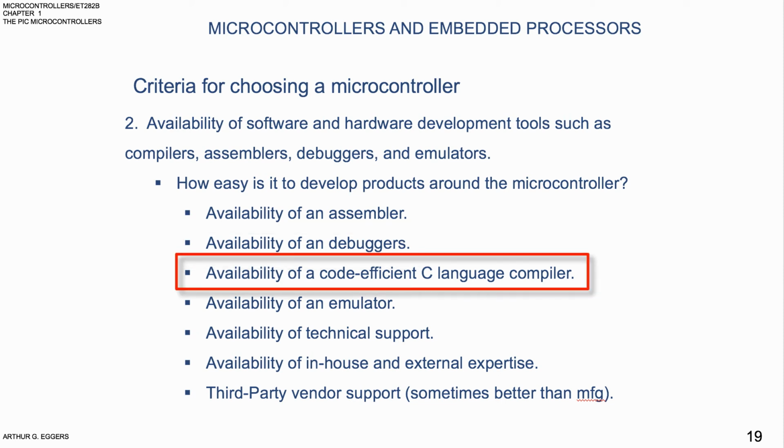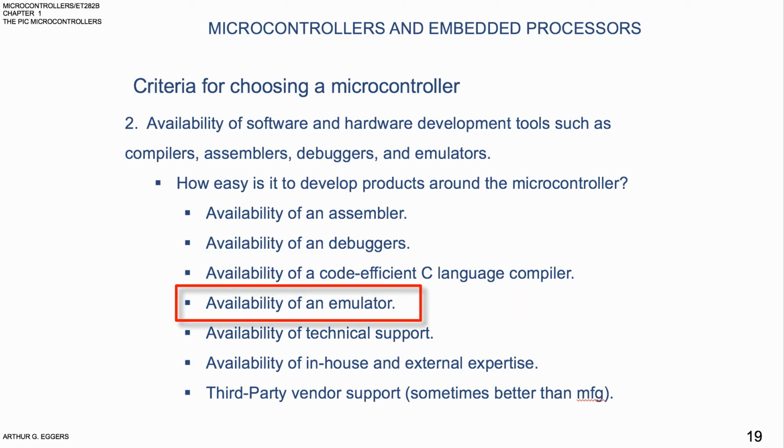The availability of a code-efficient C language compiler. In some cases, writing the code in C makes more sense. The assembler is very, very powerful, but the C language is a higher-order language and doesn't require as much for the programmer to do down in the minutiae. So we're going to see some of that because you're going to get an introduction to that.